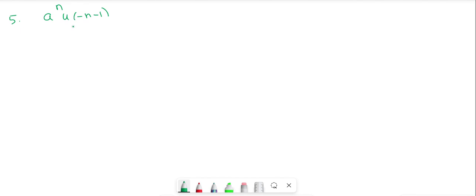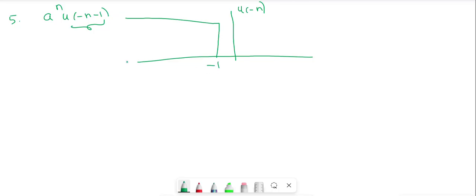So how do you represent u of minus n minus 1 mathematically? You can write u of minus n minus 1; this is minus 1, this is minus infinity, so this is 0. This is u of minus n minus 1.